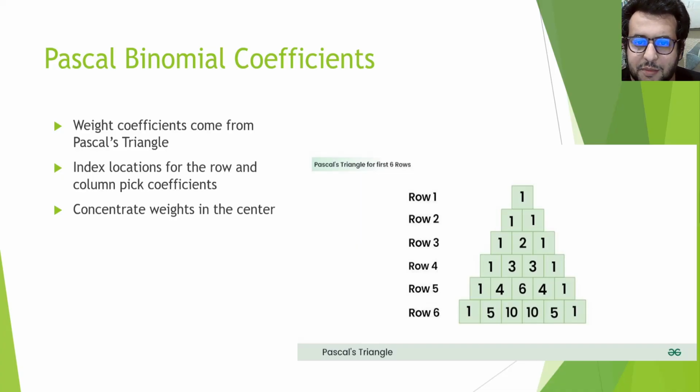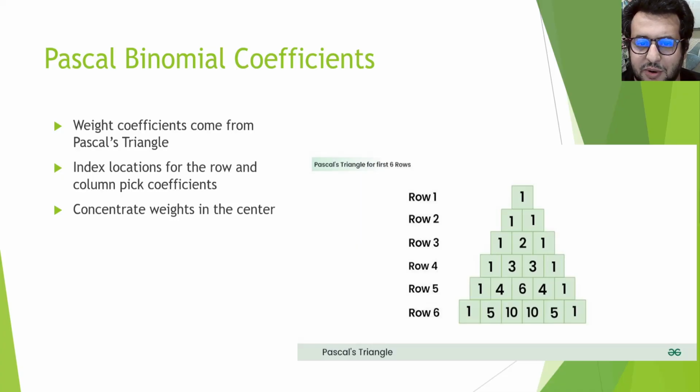So the basis of this is the Pascal triangle. We are essentially trying to get weight coefficients that are going to be evenly distributed. And for the rest of this talk, I'm going to be using the example of row 5, where we use the coefficients 1, 4, 6, 4, 1.